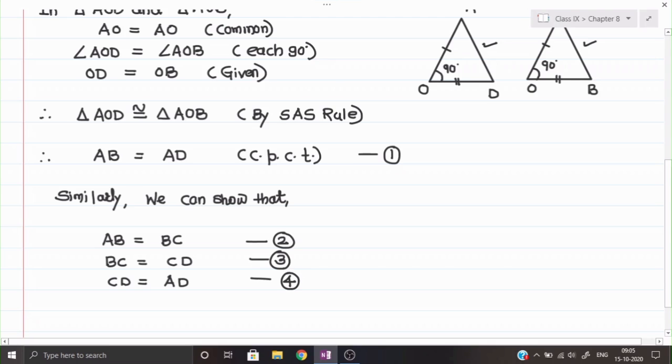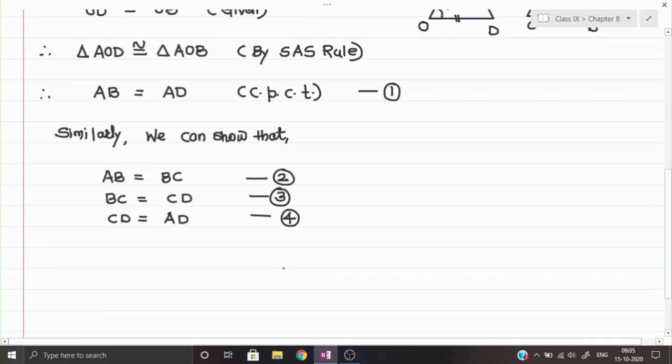Okay, now if I compile all the four equations, you observe AB is equal to AD and CD is also equal to AD, then AB and CD are equal, but CD is equal to BC, so AB and BC are also equal. That is also what we have shown. If we compile all the four equations, then by equation first, second, third and fourth, we can say all these four sides are equal: AB is equal to BC, is equal to CD, is equal to AD.